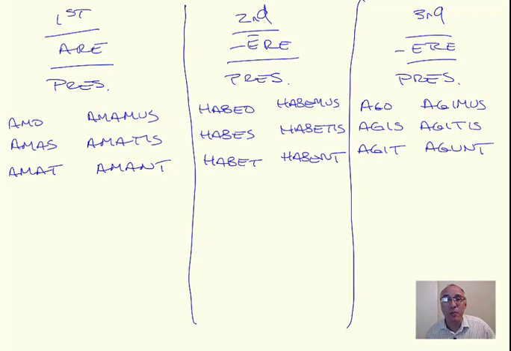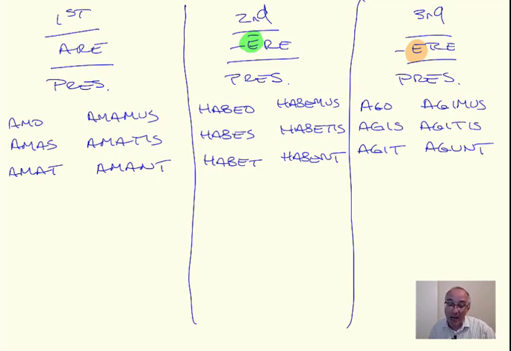You see, what happens is, in the second conjugation, this long -ere, that long, strong E doesn't budge when you put endings on it. It stays as an E. In the third conjugation over here, this is a short -ere. It doesn't have the strength to stand up to an ending, if you want to think about it this way. And it shortens itself to an I. That little weak E becomes an I.